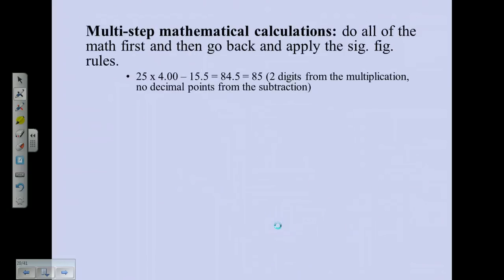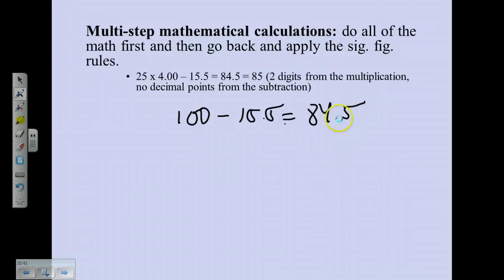Now sometimes we have multi-step calculations. First with these we're going to do all the math, then we're going to go back and apply the sig fig rules. So we're going to multiply 25 times 4, which is 100. Then we're going to subtract 15.5, which gives us 84.5. However, we're going to go back and look that here we have 2 sig figs, here we have 3 sig figs.